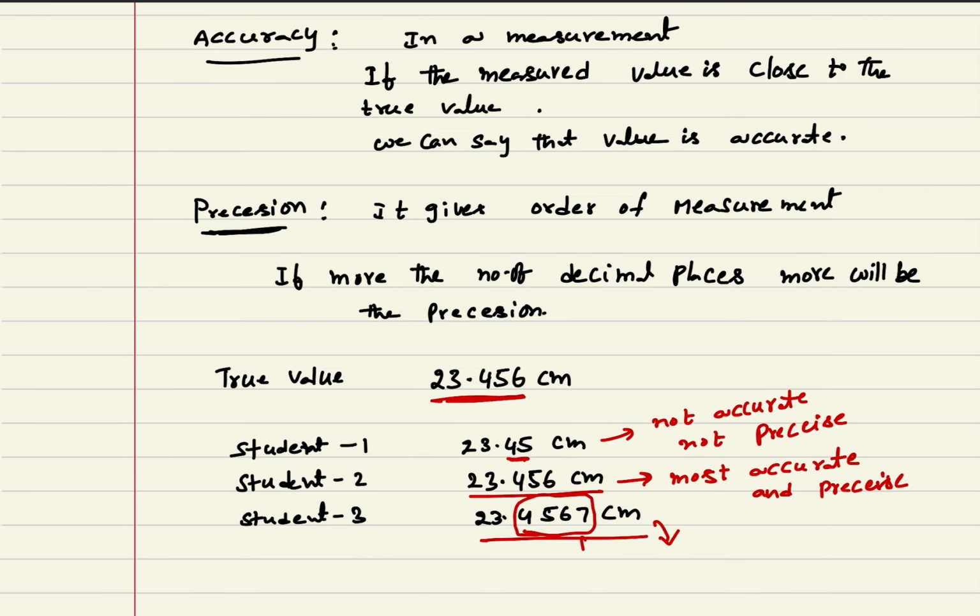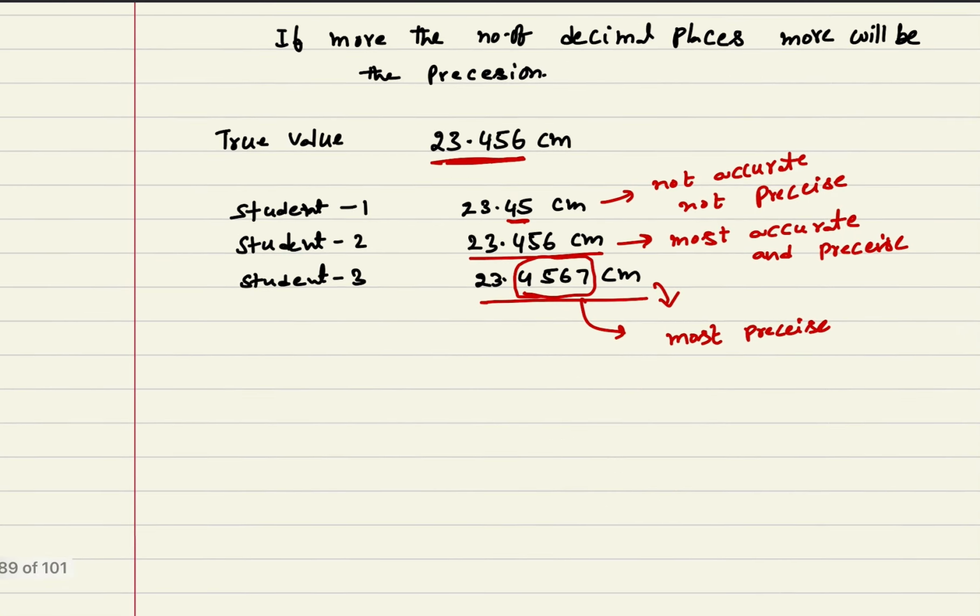Now you can see the last one, student number 3. Student 3 is not the most accurate, but it is more precise. You can see how many decimal places are there: 4 decimal places. That's why it is most precise.